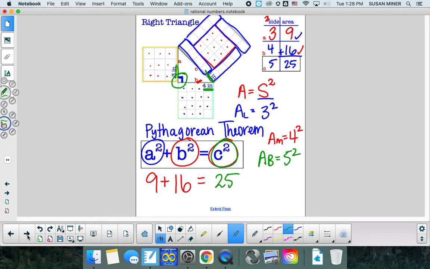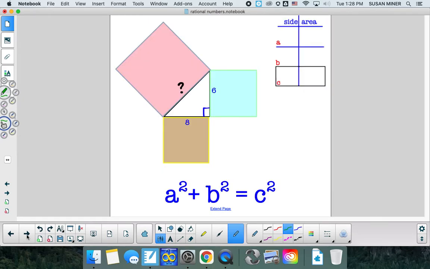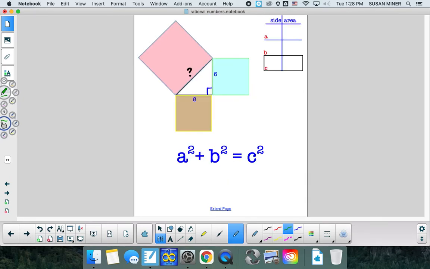Let's take another look here and see if we can apply this. I'm going to show you a couple of different ways that we can apply this rule. Now, you can choose to do whichever way you like. The first way that I like to do this is I like to remember that the side length squared is equal to the area. And so if I can figure out what the side length is, then I can find the area of each of these, right?